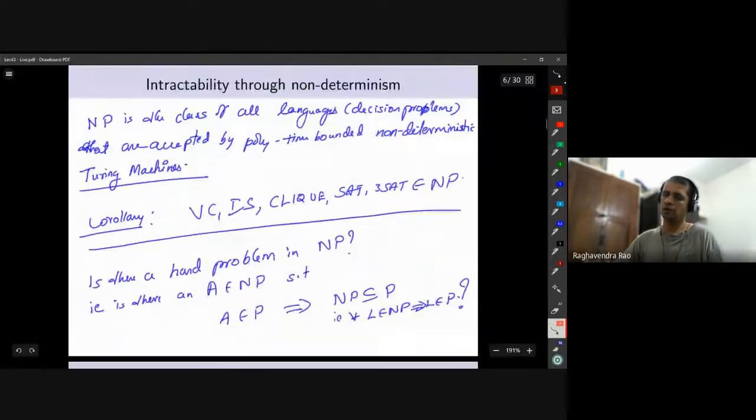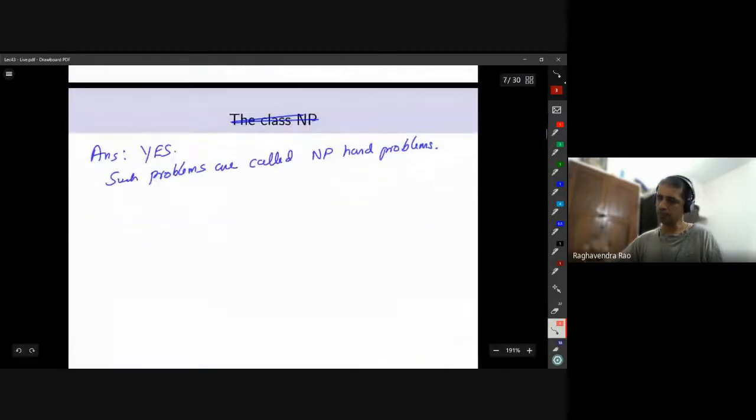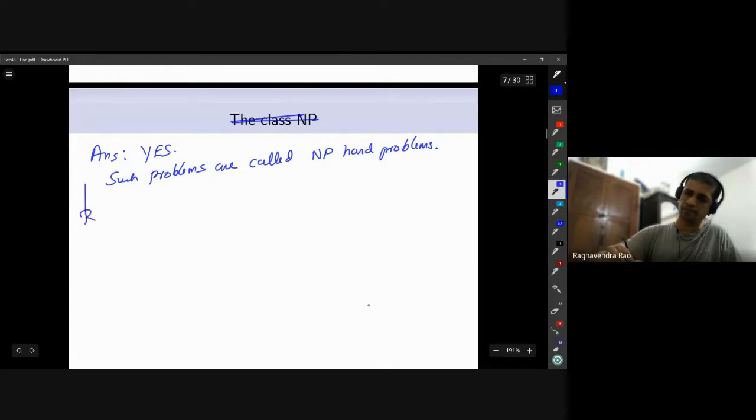So now, how do we formalize that? We formalize these through reductions. So let A and B be decision problems.